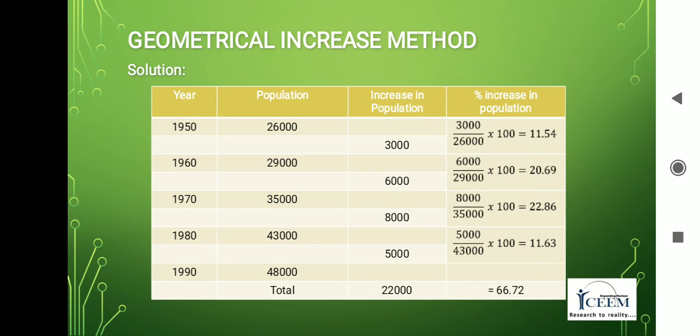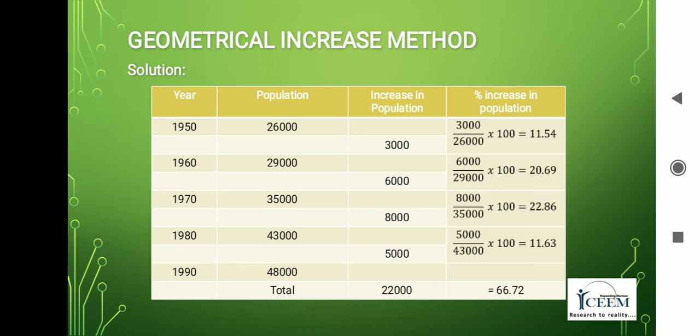How to calculate? With the help of the formula, that is the increase in population divided by the population in the last decade into 100. The increase is 11.54%. Then in next decade, the increase in population is 6,000. Compared to 29,000, what is the percentage of 6,000?